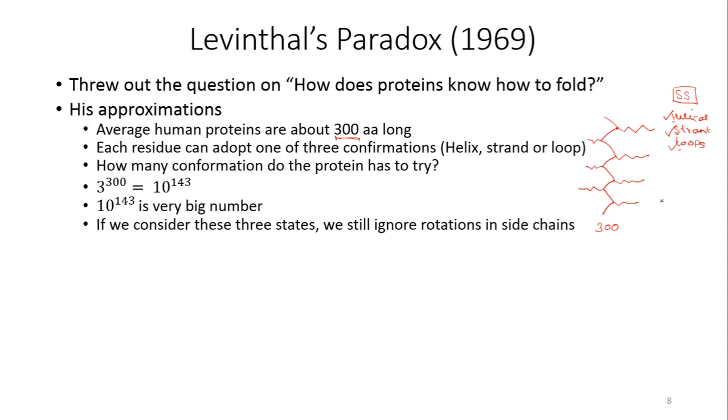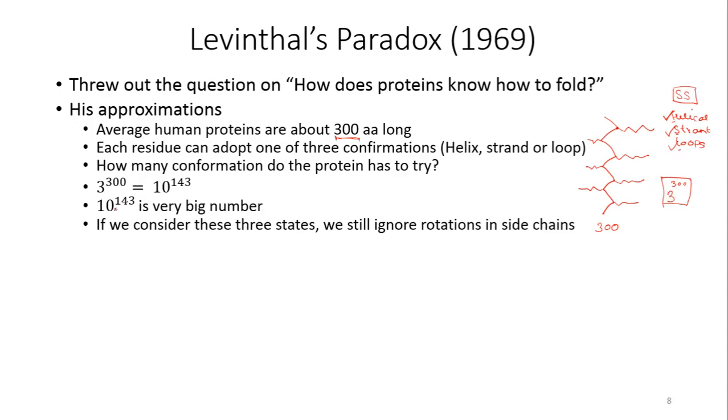We have three structural states, and there are 300 amino acids. So in order to try out each and every possible secondary structural state, the protein has to try out 3 raised to 300 possible combinations.